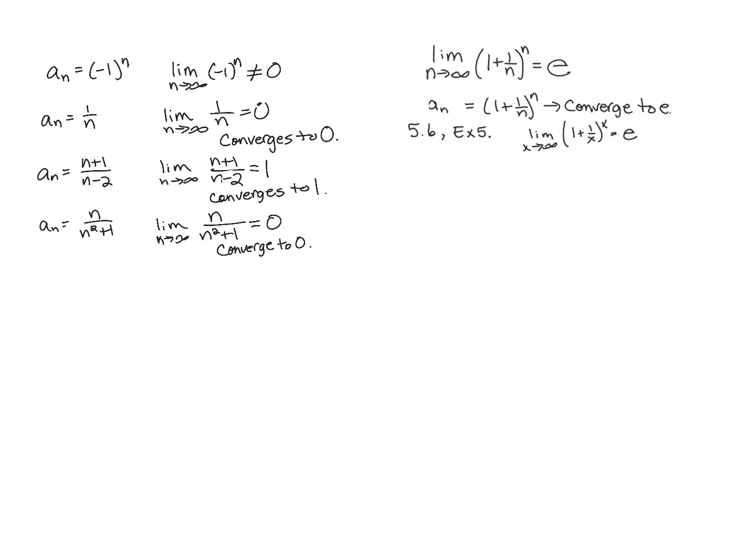A couple other things that you need to remember from Calc 1. Special limits might show up in the homework. The limit as x goes to 0 of sine x over x equals 1. That's going to pop up in sequence form, so keep that in mind as you're going through the homework. And you are ready to finish the homework for this section.